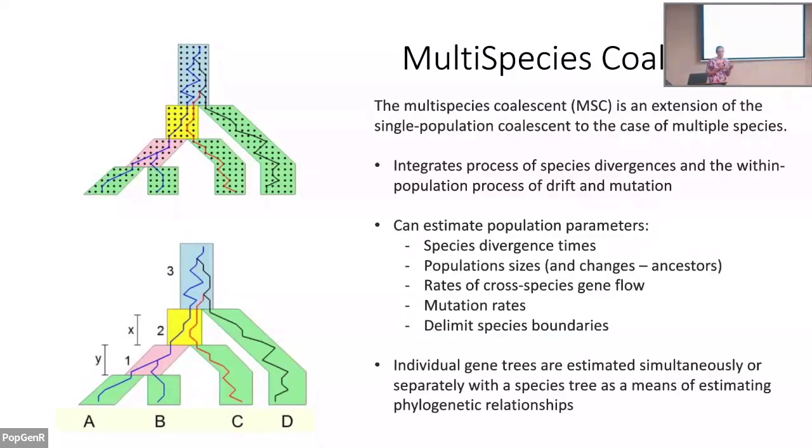There are two ways of doing this. You can estimate the individual gene trees and then estimate the species tree simultaneously from that, or you can do it all together in one analysis. So the methods that I'll talk about later actually remove the need to estimate the gene trees.